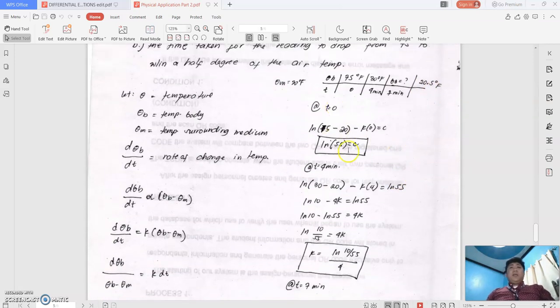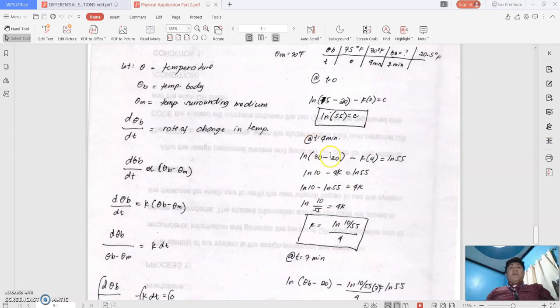Okay, let's start at time 0. The initial is 75 minus 20, that is 55. Since t is 0, your constant is ln 55. At 4 minutes the thermometer reads 30, minus the surrounding medium or the air temperature, that is 20.